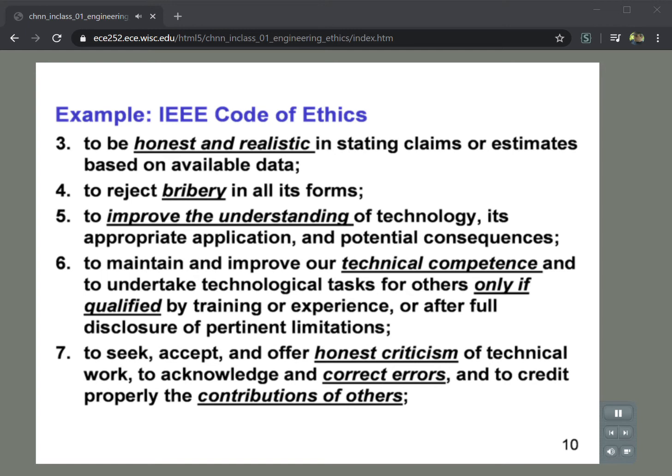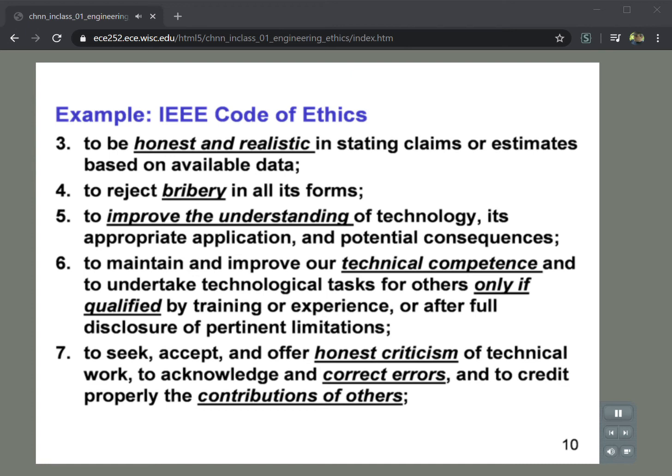And there's often a temptation to oversell things, to basically claim that this new processor I'm designing is going to be the greatest thing since sliced bread. It's going to be twice as fast or use 1/10 the power or whatever the metric might be relative to its competition. And so the IEEE Code of Ethics simply calls for us as engineers to always be honest and realistic in making any claims or estimates.